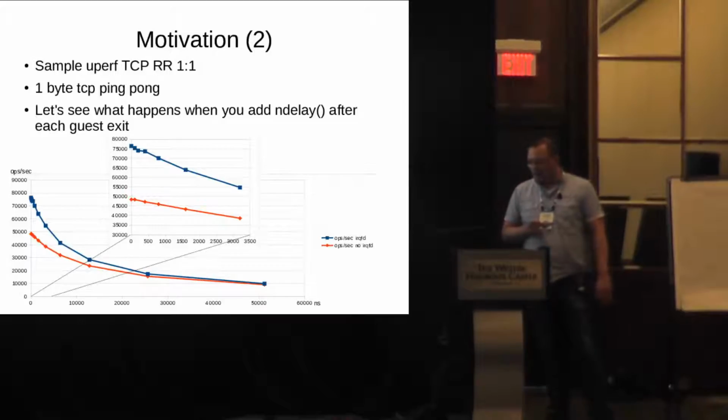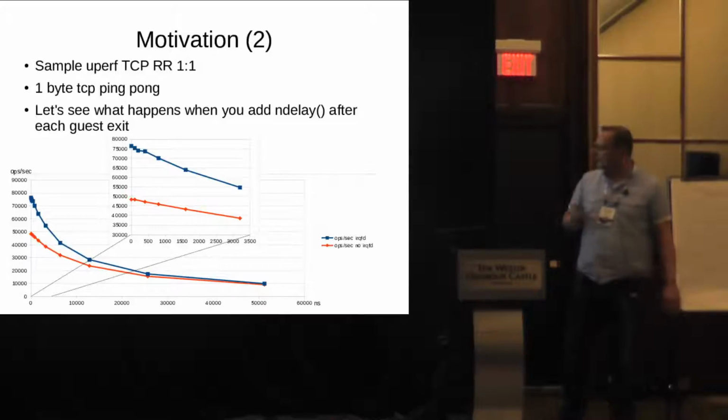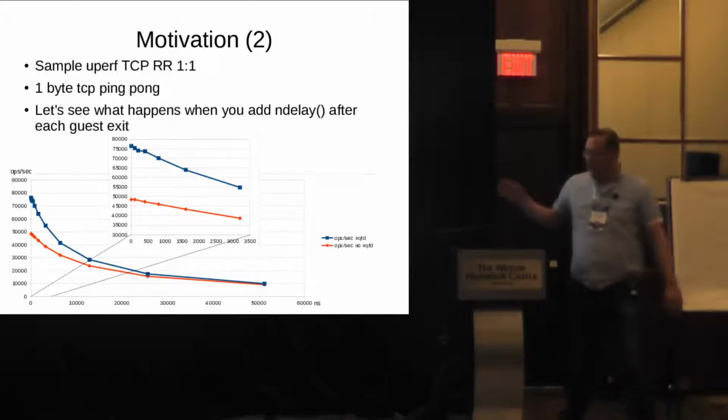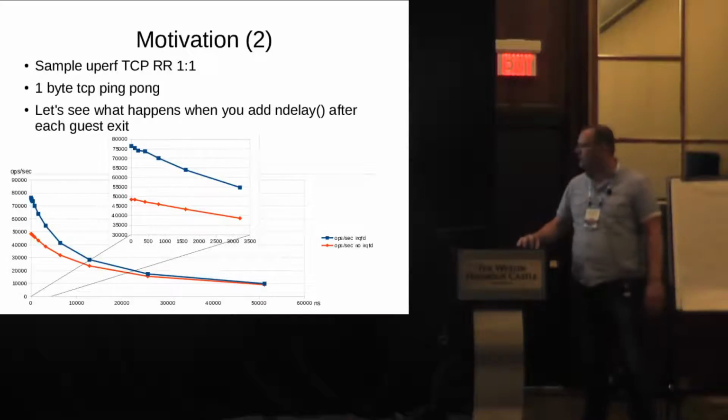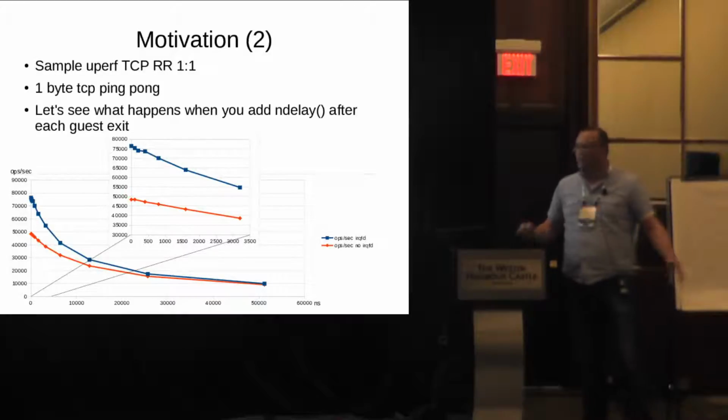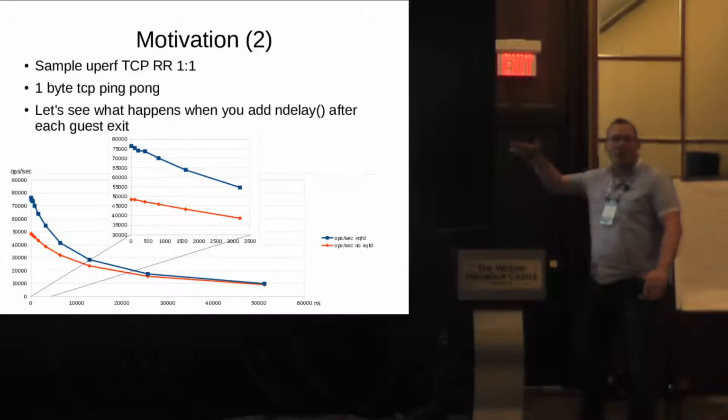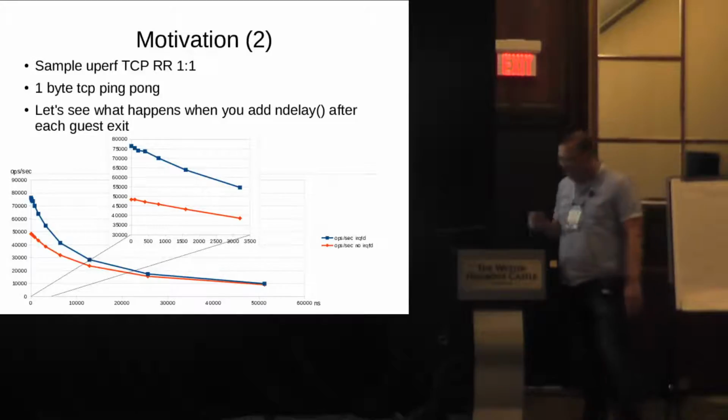And the interesting thing is that if your hardware is really slow, let's say your hardware takes 30,000 nanoseconds for an exit, it's not even worth bothering to optimize other things because you're almost on the same performance level.